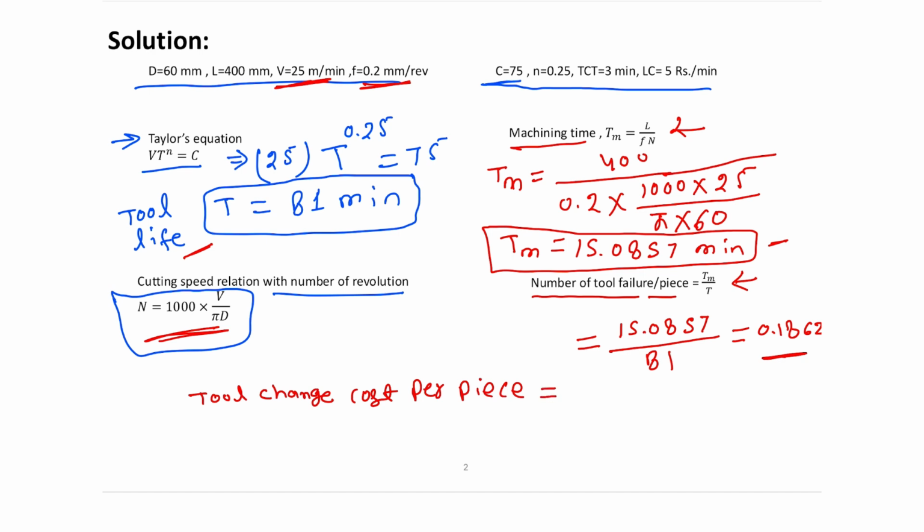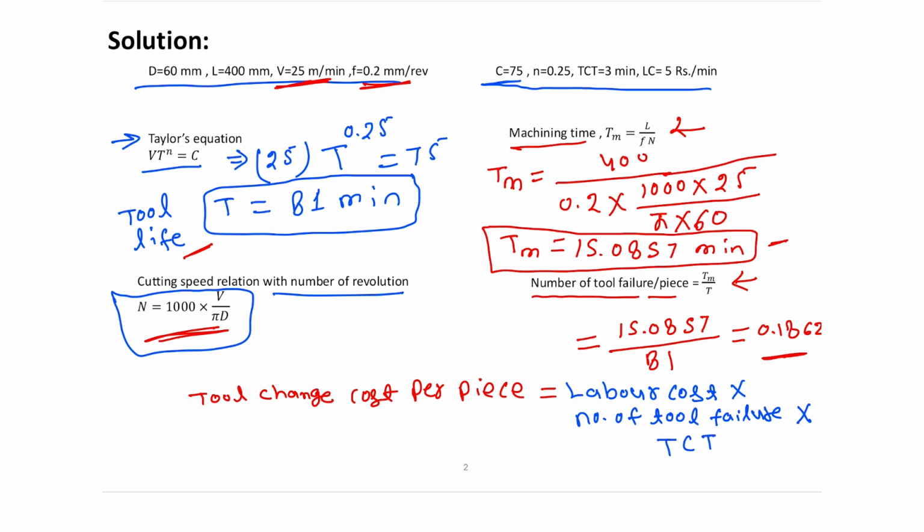This will be our labor cost, into the number of tool failures, into the tool changing time. So by multiplying all these three, we will get our tool change cost per piece.